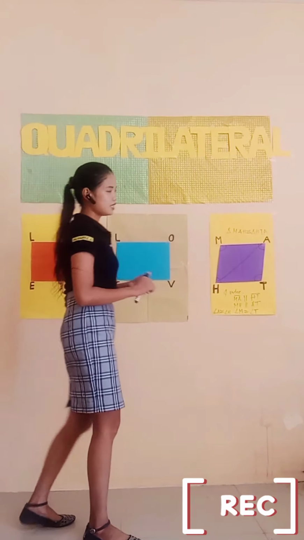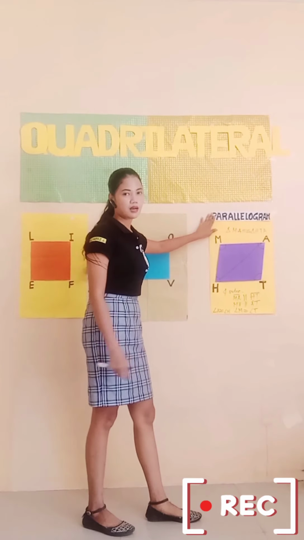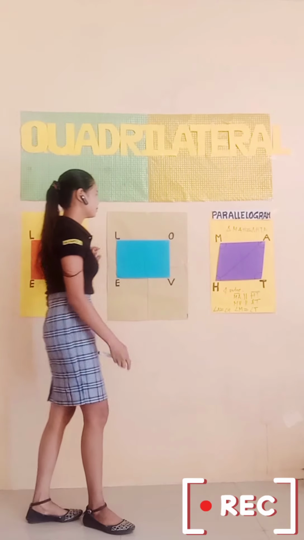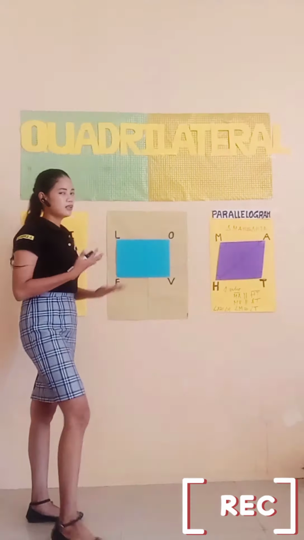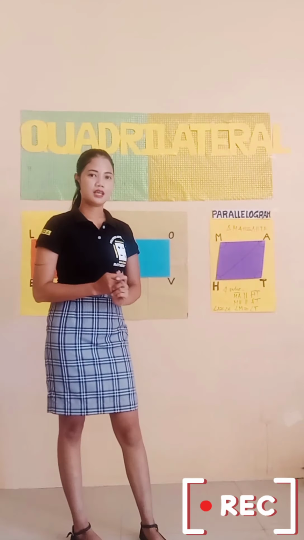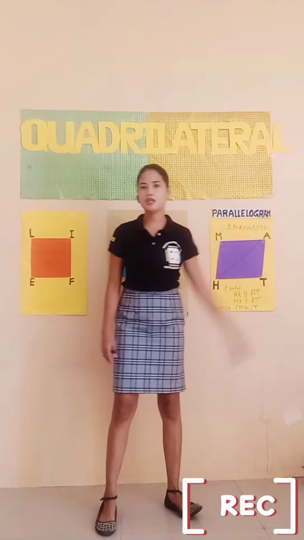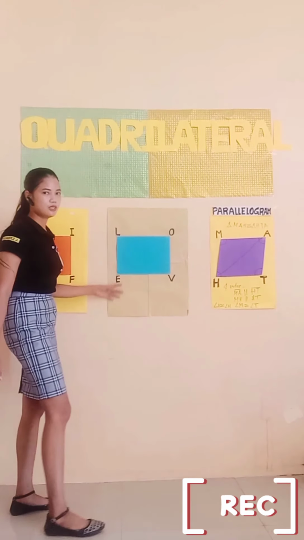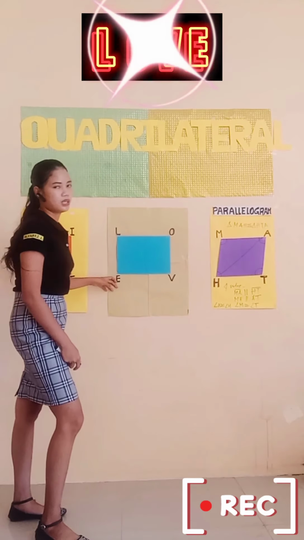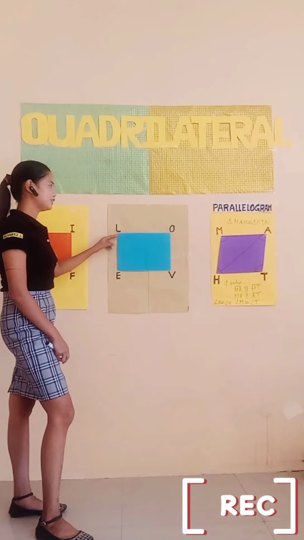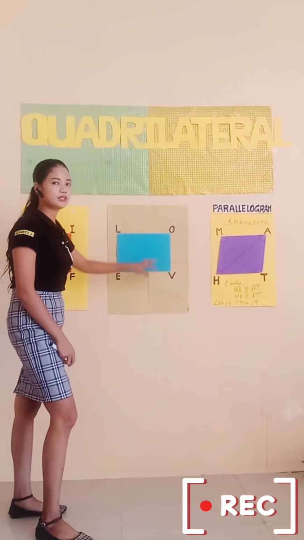Now, let's see the special case of a parallelogram. Look at this figure, named LOVE. You can see it is also a quadrilateral because it has four sides.